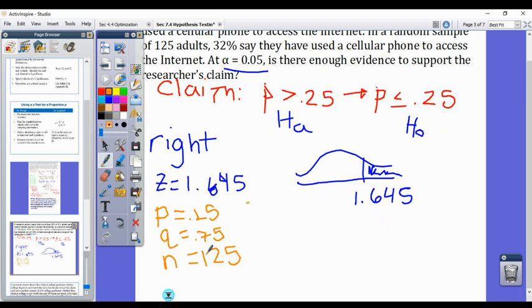We have 32% of them said that they did use a cell phone, so that is giving me my P hat. And my alpha level is 0.05. Okay, so let's go ahead and do our check first.